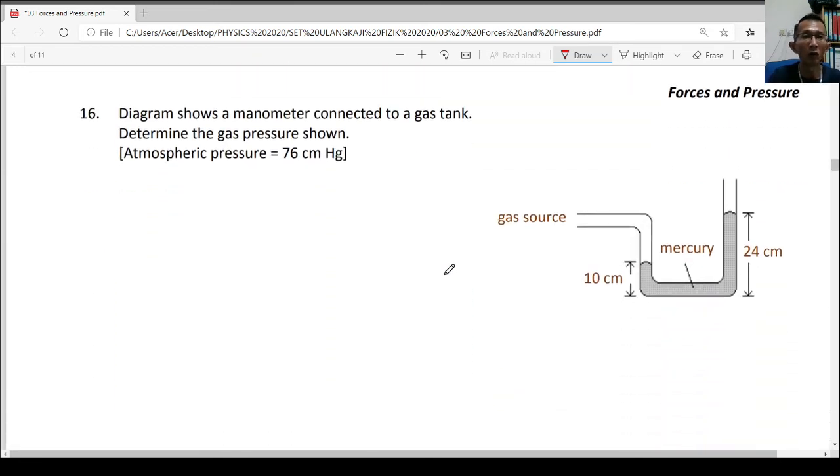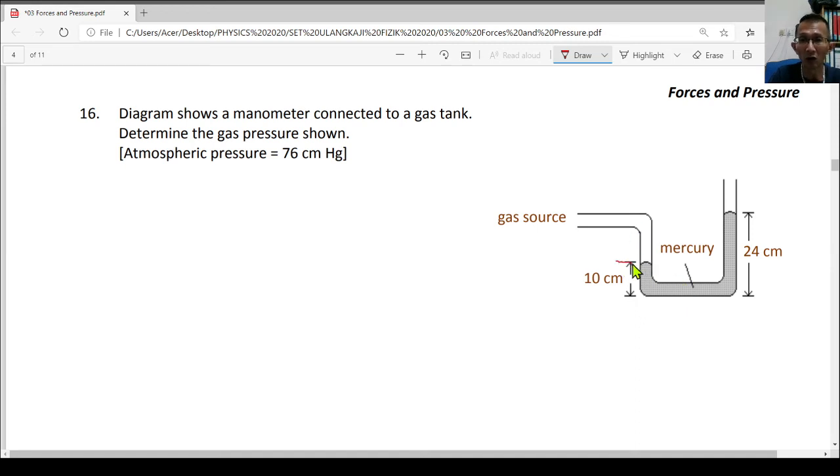Okay, we go to question 16. The diagram shows a manometer connected to a gas tank. Determine the gas pressure given that the atmospheric pressure is 76 centimeter mercury. So I have gas and then I have mercury. First determine the lowest available boundary between the two fluids. It's here, correct?